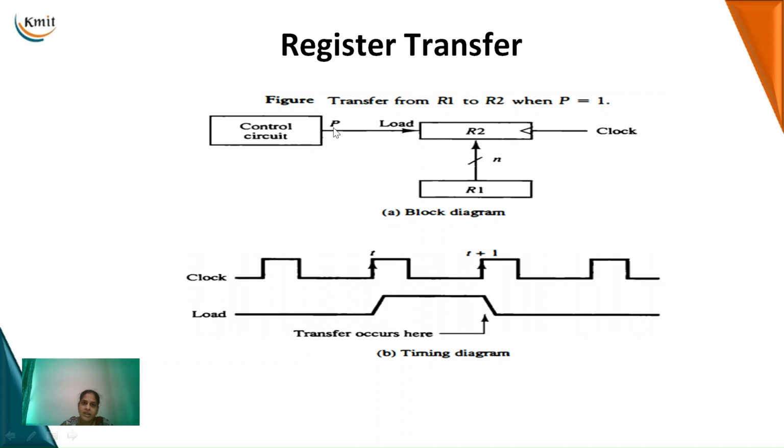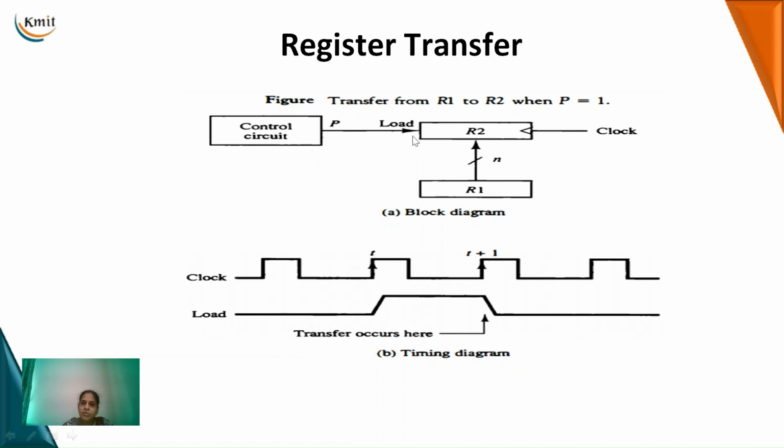P is a control function, and R1 and R2 are the registers. The n-bit outputs of R1 are connected to the n-bit inputs of the R2 register, and the R2 register has a load input connected. The control circuit will generate the signal only if the particular condition is satisfied, so that the load input will be active.